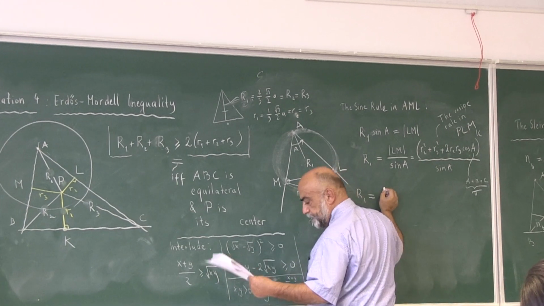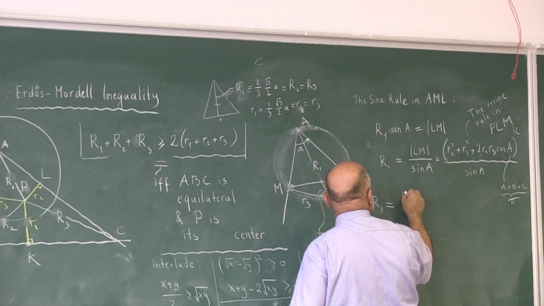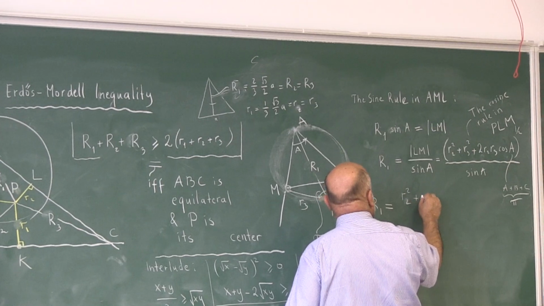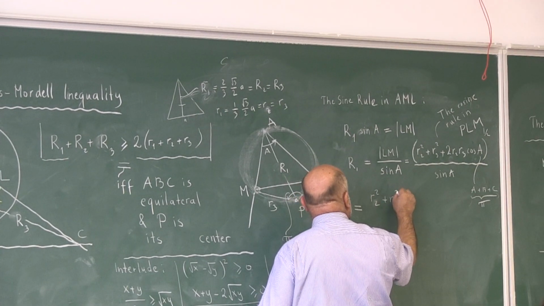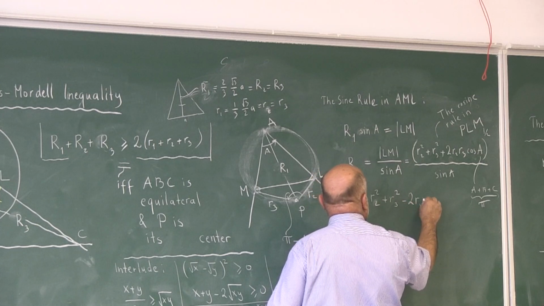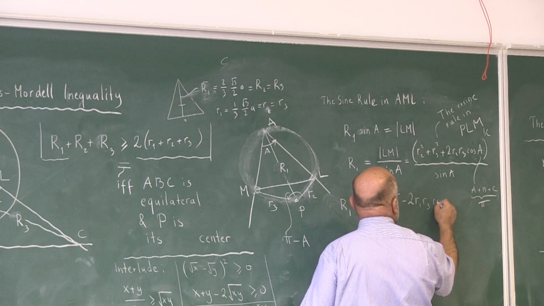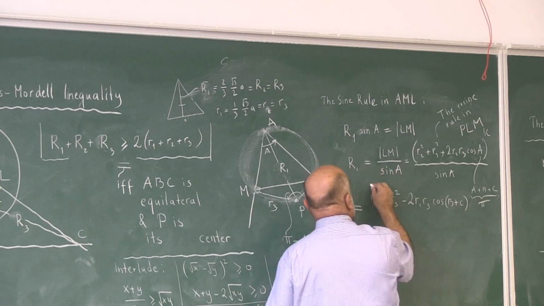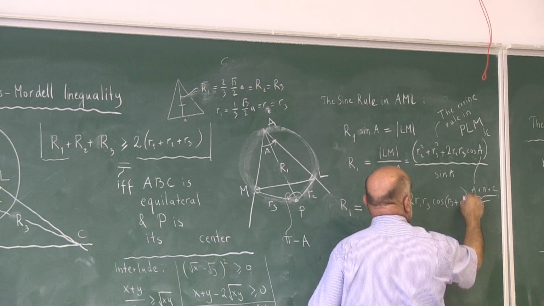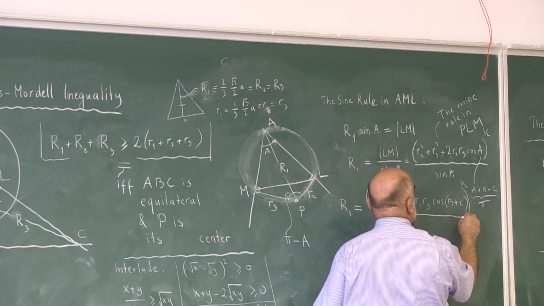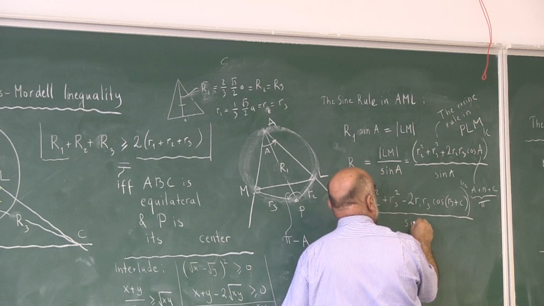So I shall have R2 squared plus R3 squared, now minus 2R2 R3 cosine of B plus C. Of course I've got this whole thing square rooted, and downstairs once again I'm carrying around that sine A.